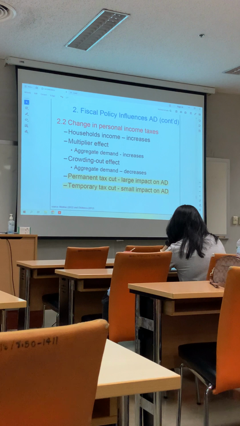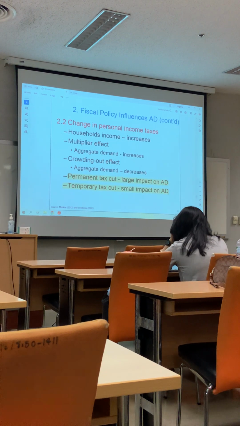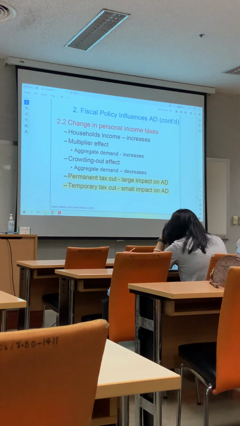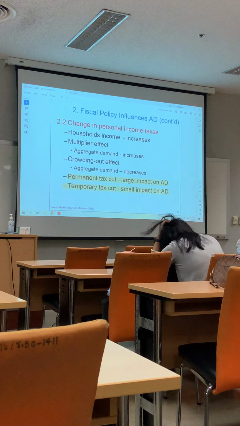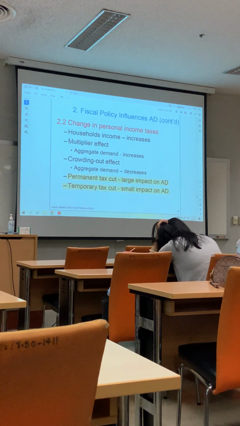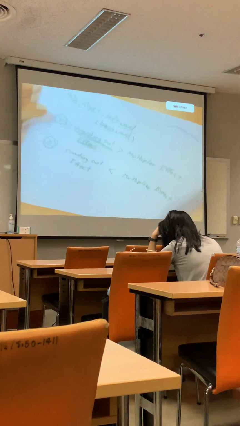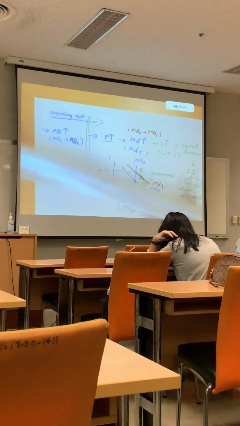After you finish talking about the AD shift, whether there is crowding out or multiplier, or which effect is bigger, you just add one more explanation saying that when tax changes, the effect on AD can be more or less, and it does not depend only on crowding out.